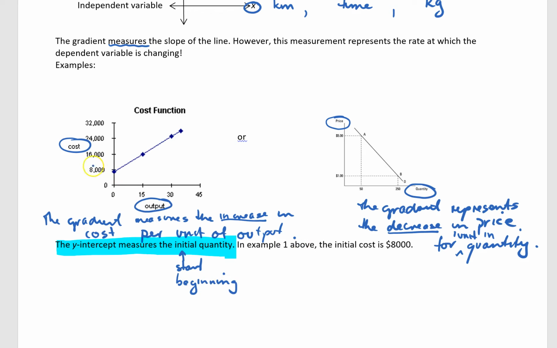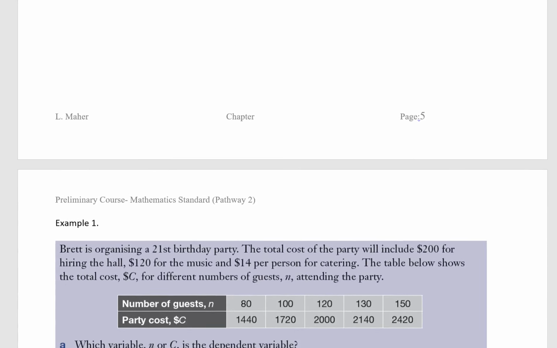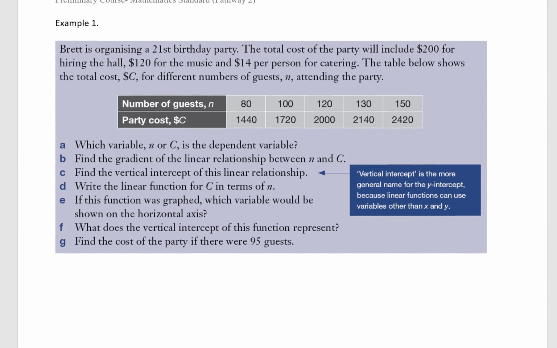So in example 1 here, the y-intercept is this 8,000 and it represents an initial cost of $8,000. This graph isn't complete, so we can't read off the y-intercept for it. I'll do this example in a video and I'll put it on YouTube separately.